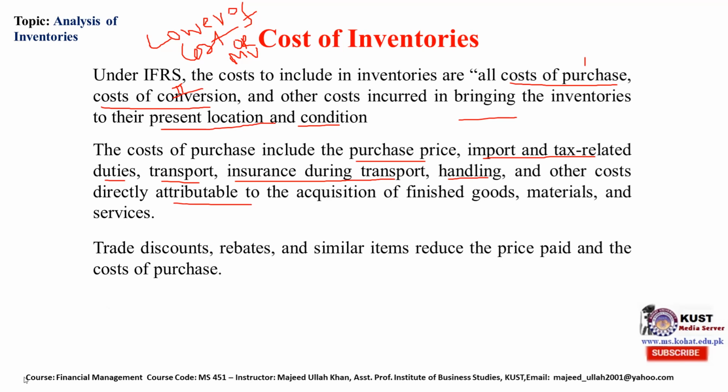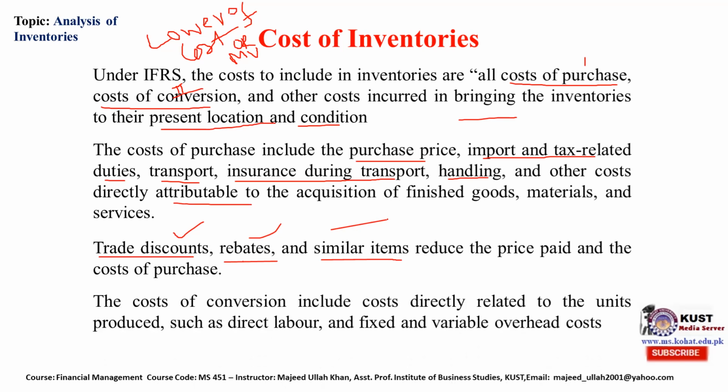These are not included: trade discounts, rebates, and similar items reduce the price paid to the cost of purchases. So these will be deducted if you get any trade discount or rebates or any other similar items.